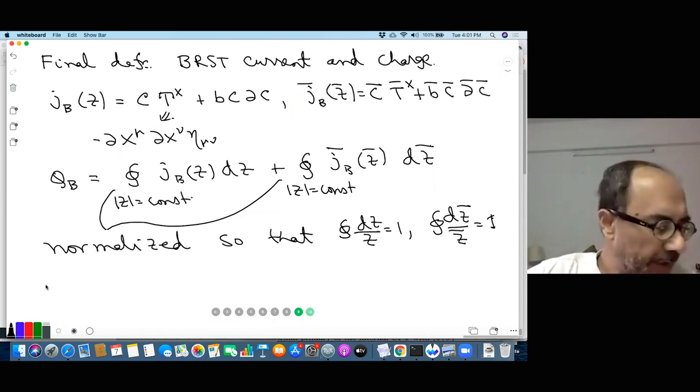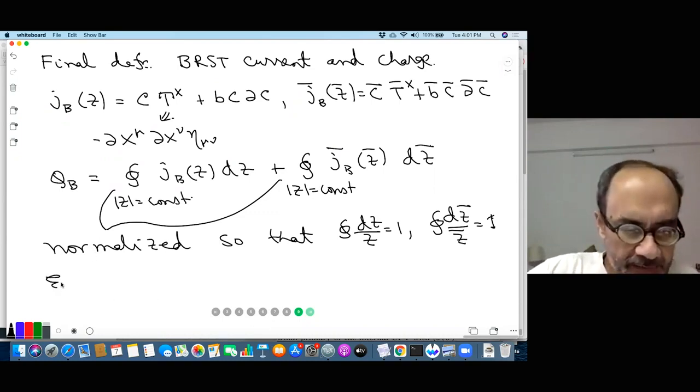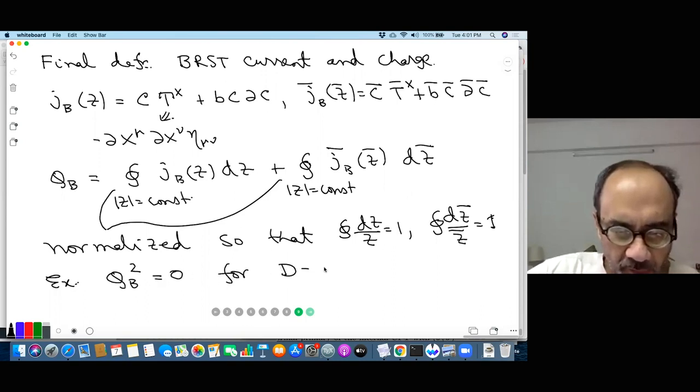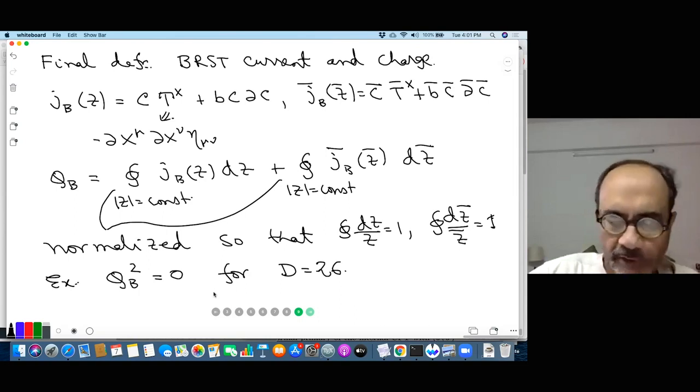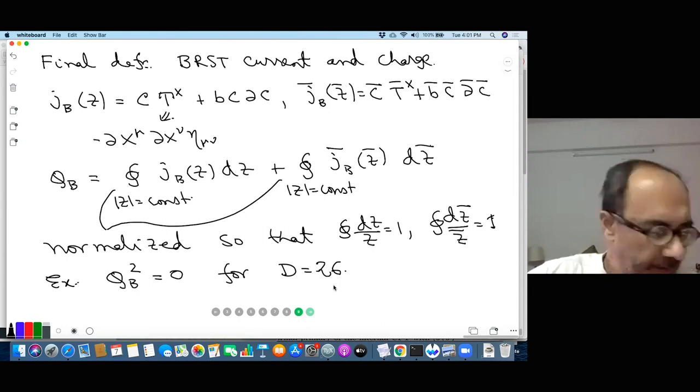Okay, and here is an exercise which is a little complicated, but it's certainly doable: one can show that Q_B is nilpotent for d equal to 26. So that's another place where the d equal to 26 makes its appearance.